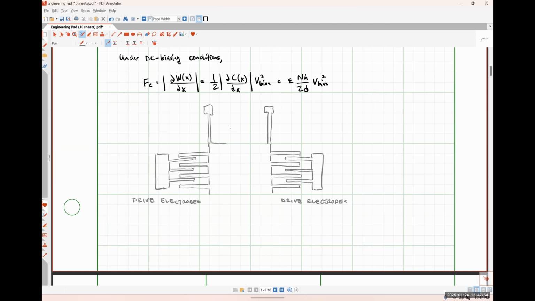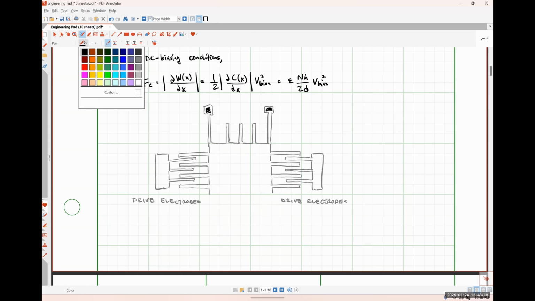And then on this side, I'm going to draw some fingers. I'll only do a couple of them just for brevity's sake. Imagine the same thing down here on the bottom.